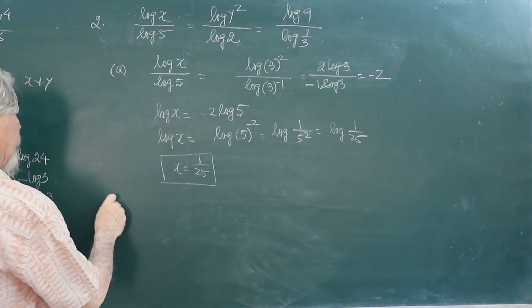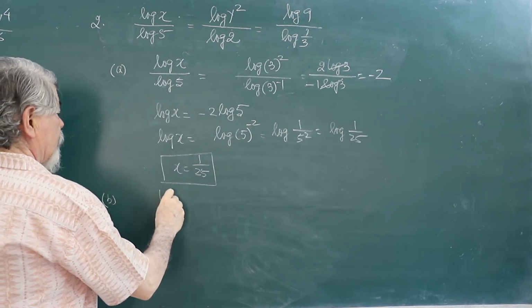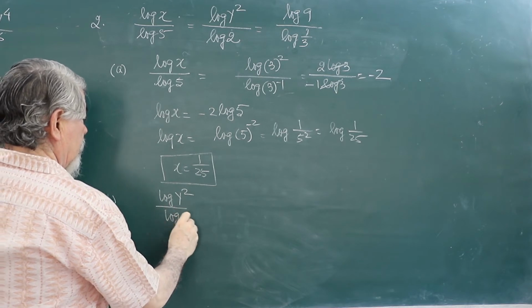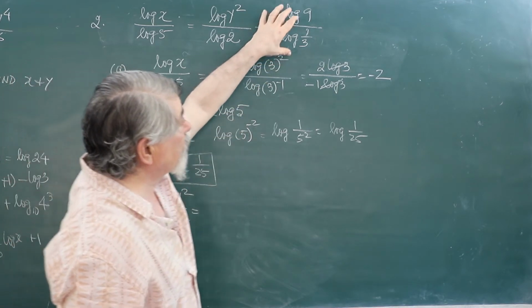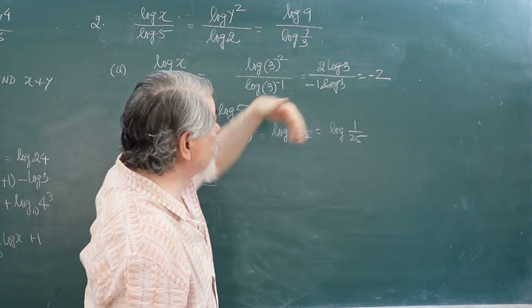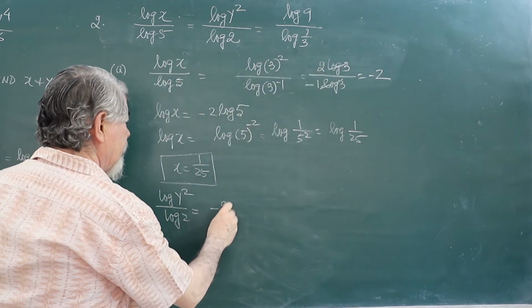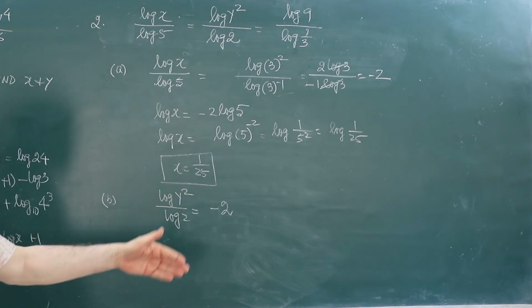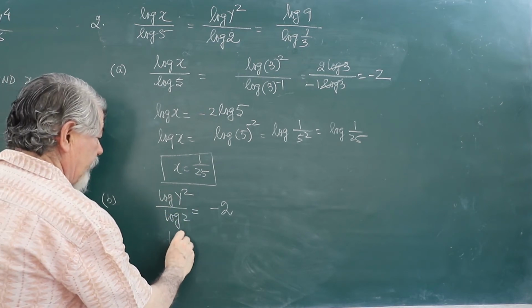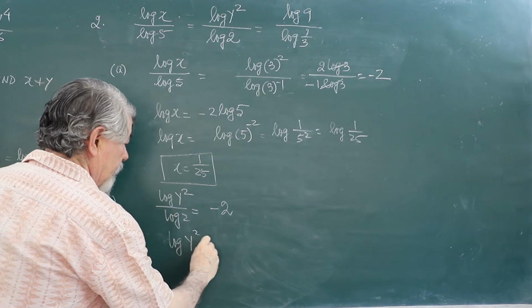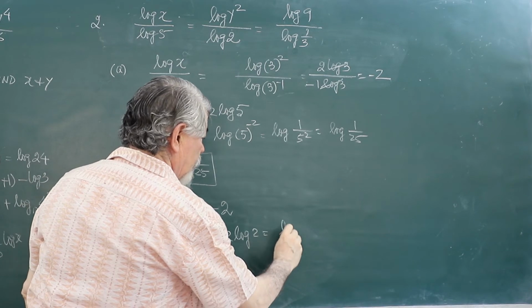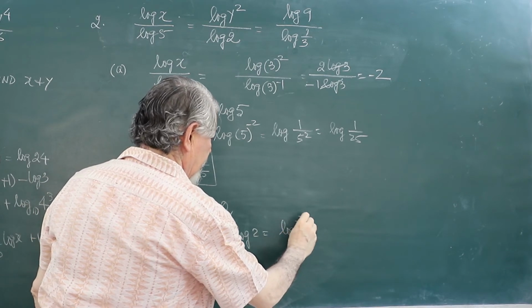In the b part, what I will do is, I will take log y square upon log 2 is equal to how much. I have already calculated this to be minus 2, so I am not going to do the calculation again. I will write simply log y square upon log 2 is equal to minus 2. So log y square will become minus 2 log 2, or it will become log 2 to the power minus 2.